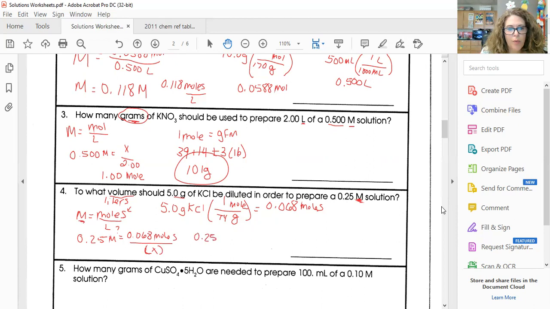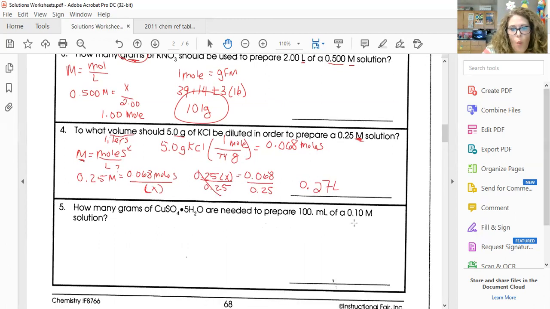I can do 0.25 times X is equal to 0.068, and divide by 0.25 to get rid of that. So I'm going to take that 0.068 and divide by 0.25, and that's going to equal my volume in liters, which is 0.27 liters.